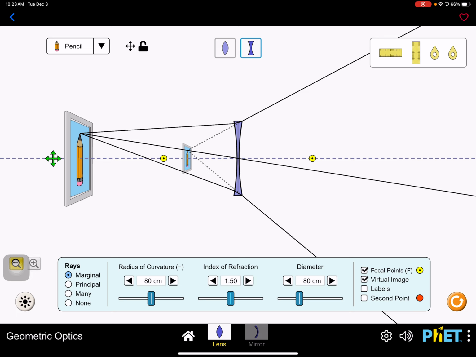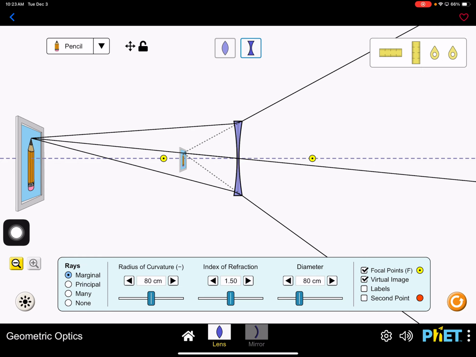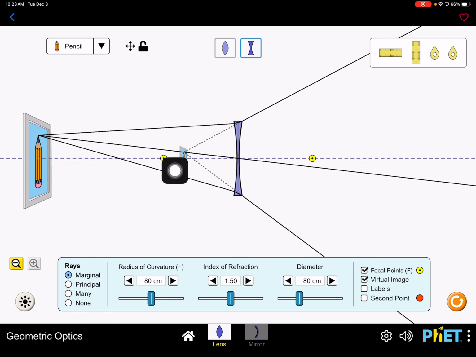All right, so here's this lens. Here's this object. And so there is the focal length of this image. No matter where the object is, the image is within my far point.